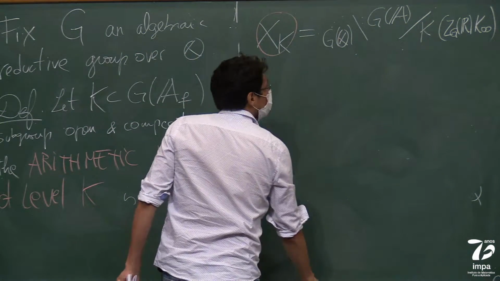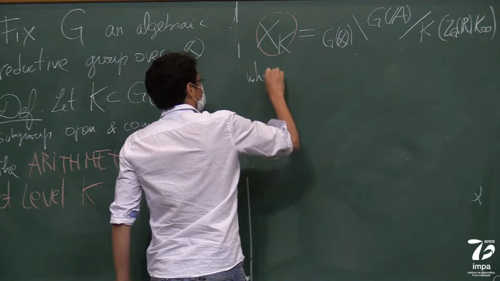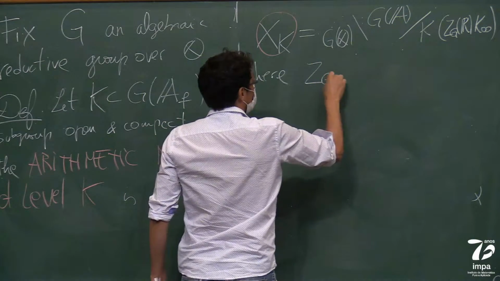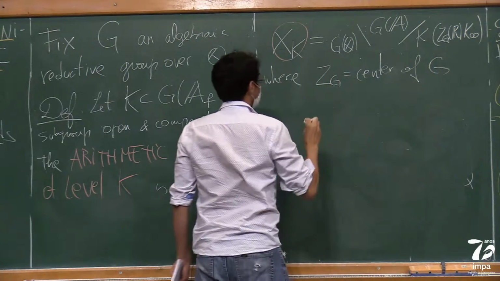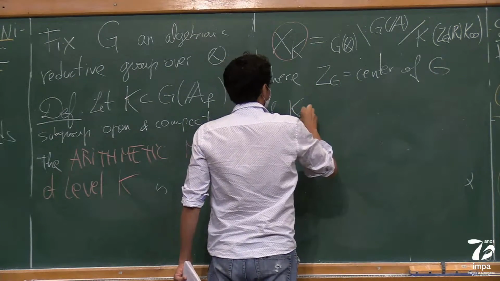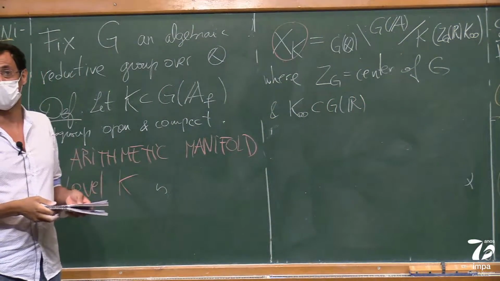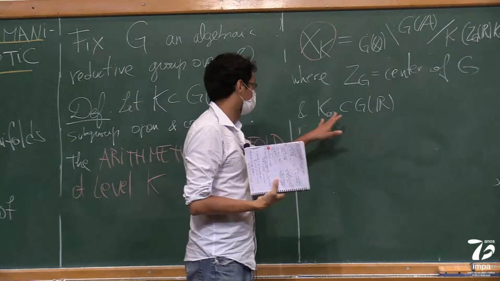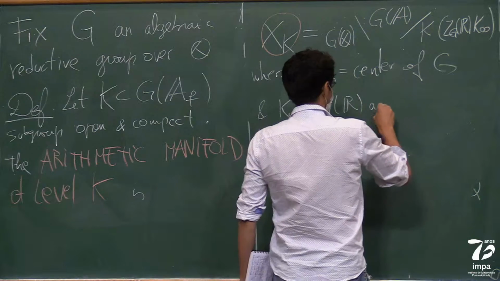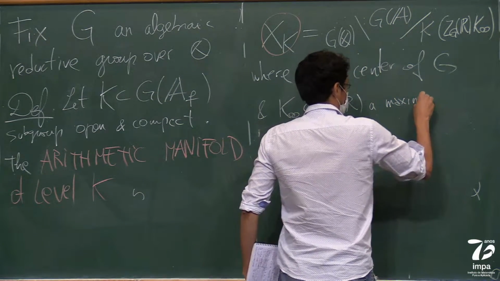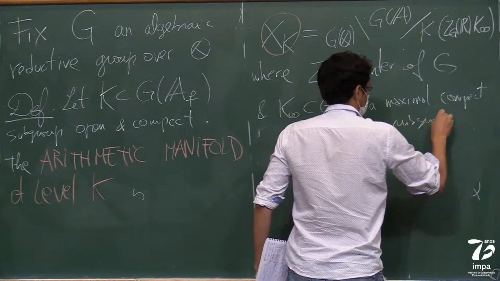And I need to make precise what this information is that you put at infinity. So Z_G just is the center of G, and K_infinity is a subgroup of the real points of your group G. And this is a Lie group, so just fix one maximal compact subgroup.